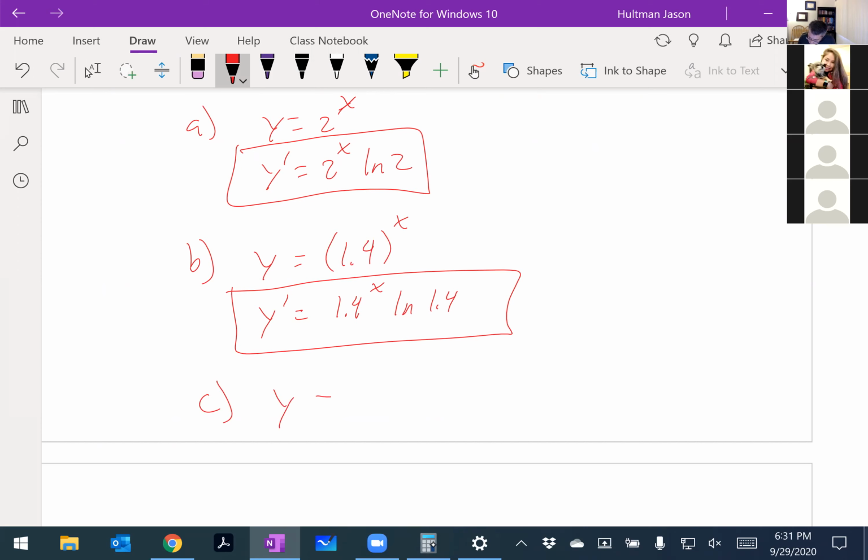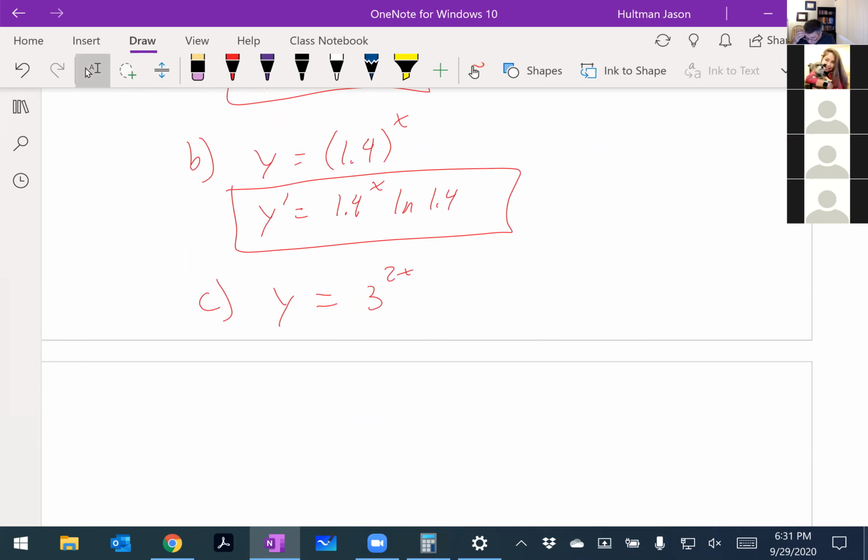Okay, let's try a chain rule here. Y equals 3 to the 2x power. Let's do the chain rule. So y prime is equal to, what's y prime? Y prime was a to the x natural log a, right?